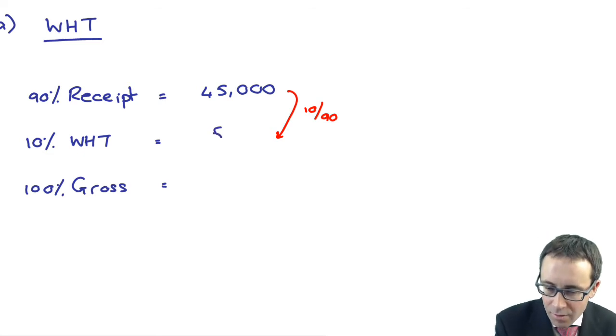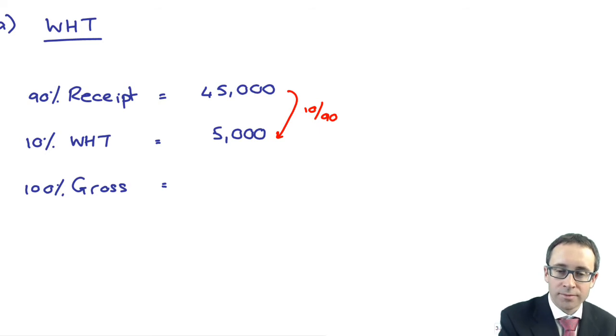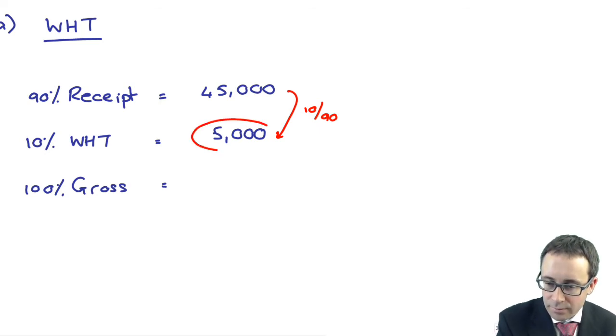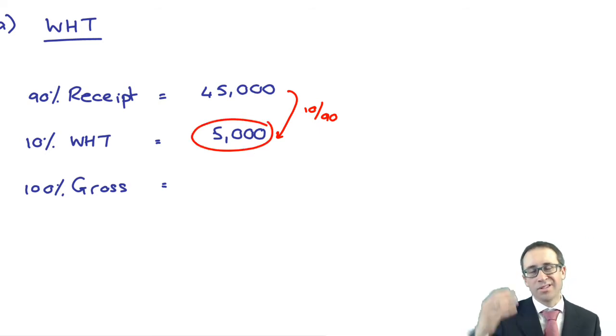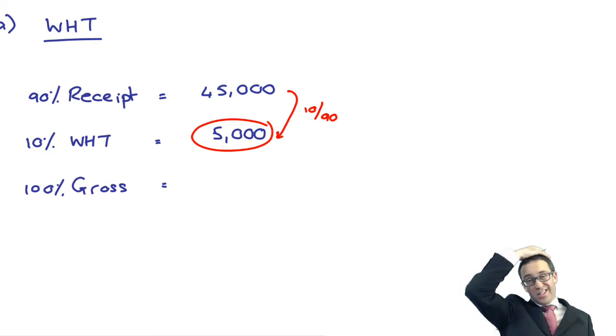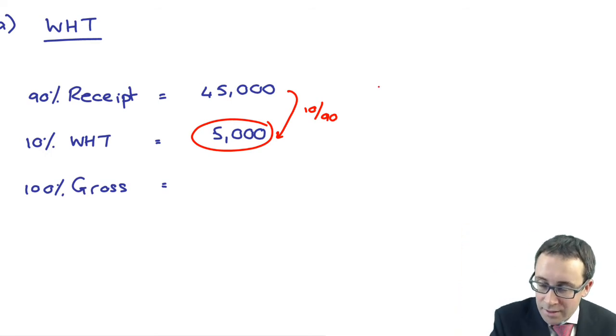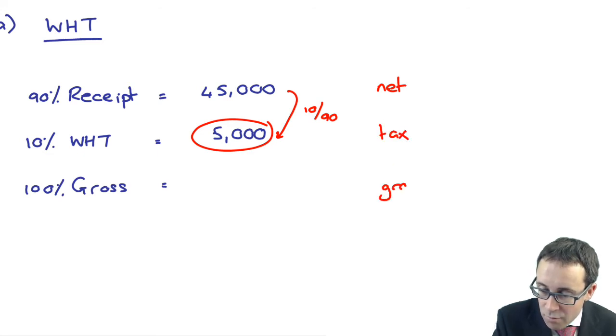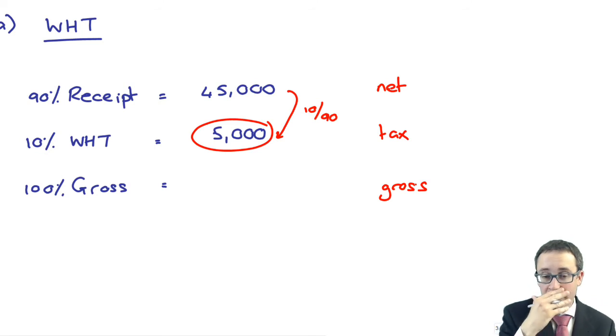That gives 5,000. It's like thinking about sales tax: this is the net amount, this is the tax amount, this is the gross amount. If we're given the net, we need to apply 10/90.